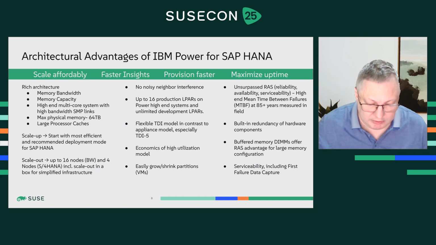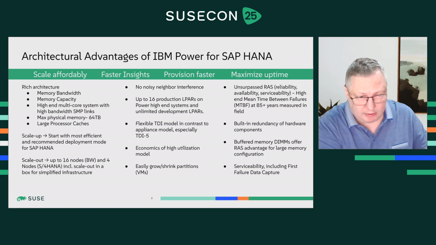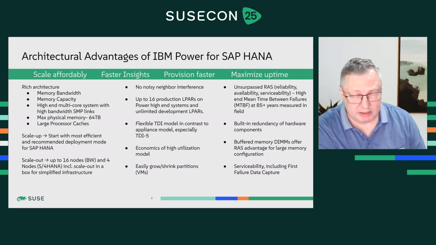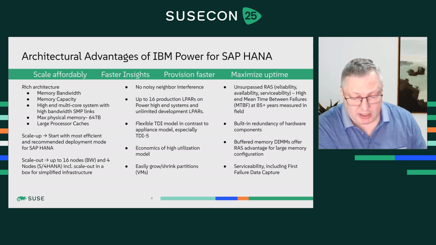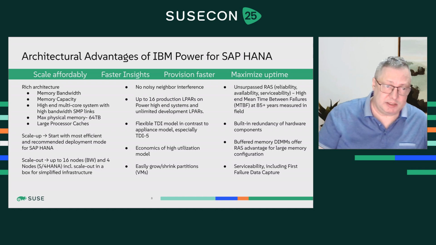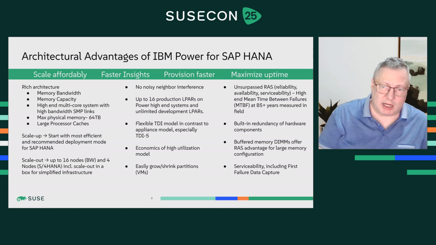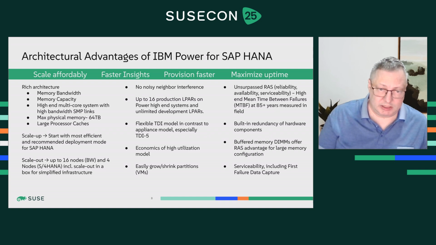So let me tell you why the hardware platform is so interesting for SAP environments. It's about the architecture. SAP HANA has very specific needs, being an in-memory database. It needs an architecture that has high memory bandwidth, high memory capacity, lots of cache in the processors.